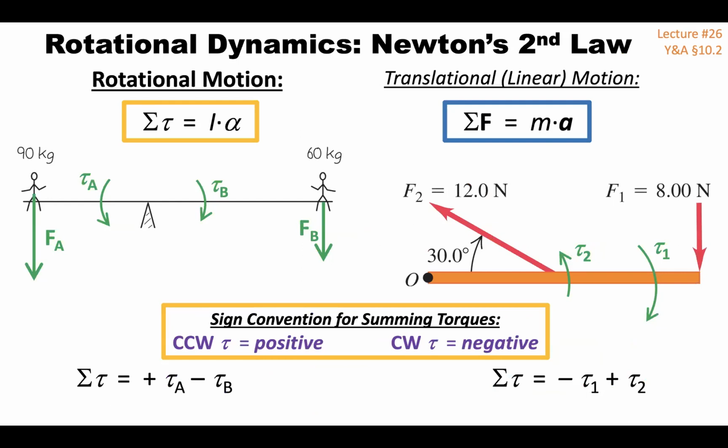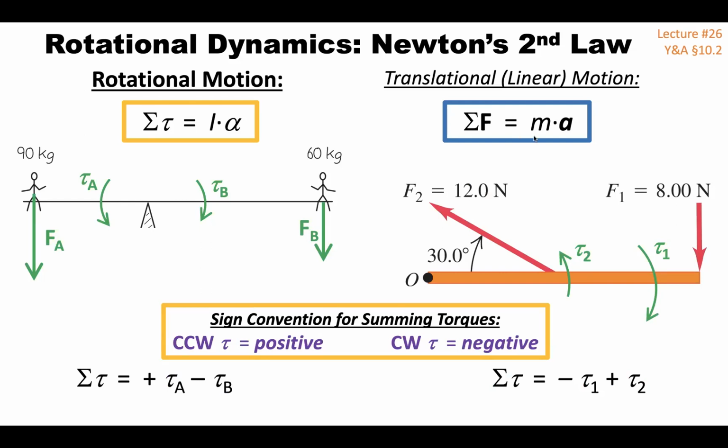Now, how do we use torque? Well, think about any equation that we have from translational or linear motion where the force F appears. In this case, I've written here Newton's second law, which is the main expression that we're going to use for dynamics problems.